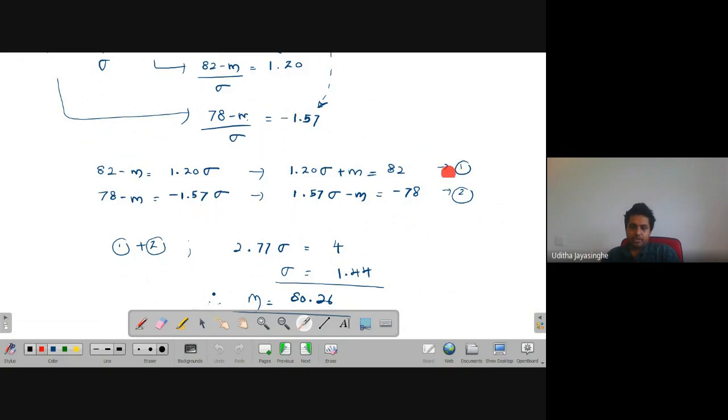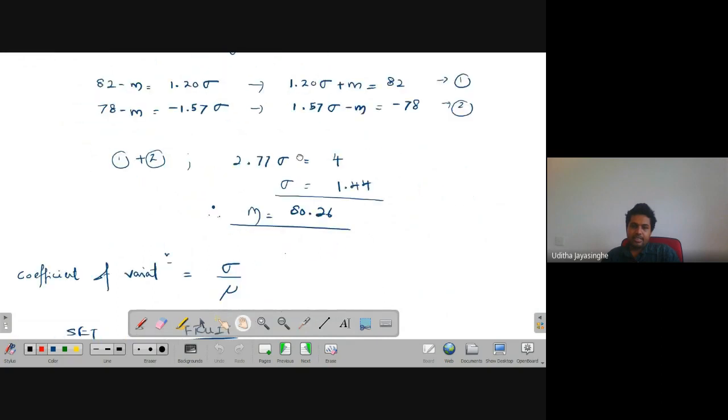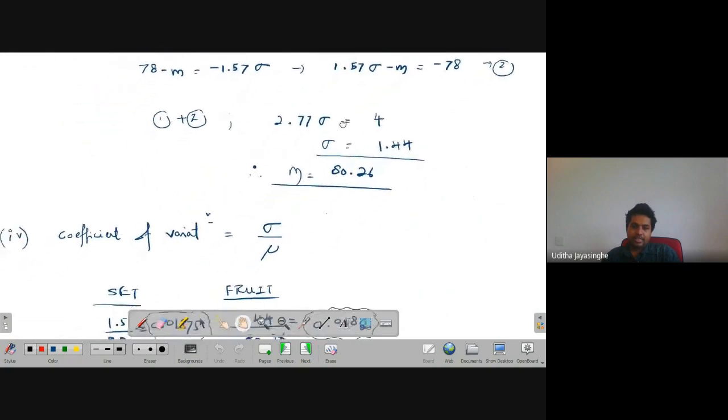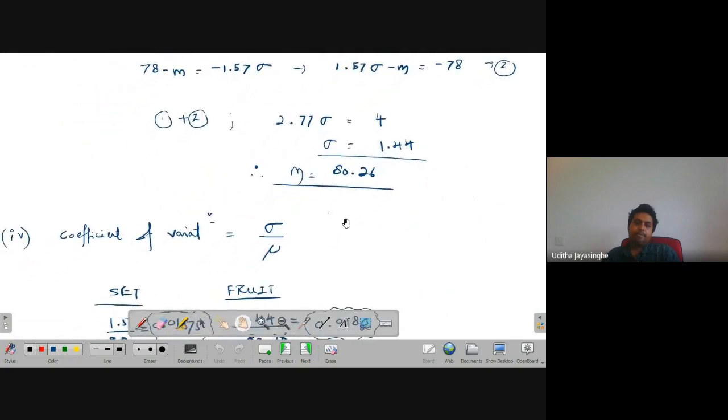You add these two equations together, M will cancel out. 2.77 rho is going to be equal to 4, and I'm going to get a rho, that's a standard deviation, of 1.44. And if I apply it to any equation, I can get the mean of 80.22. If I voice it, the fruit yogurt machine will have the mean weight of 80.2 with a standard deviation of 1.44 grams.